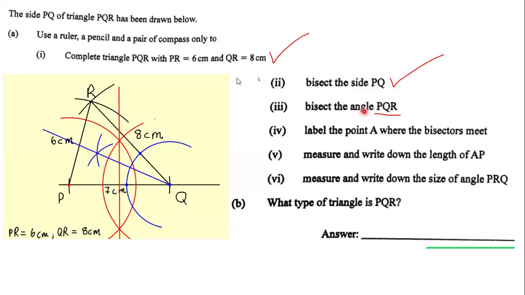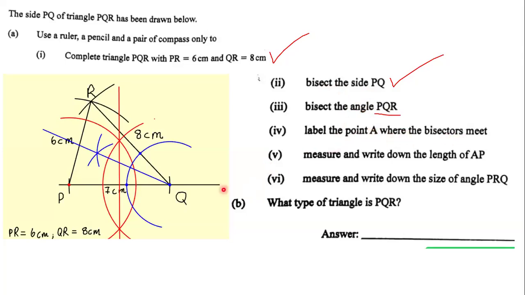Very good. So far all we have done is bisect the side PQ and bisect the side PQR. Now we have to label the point A where the bisectors meet.